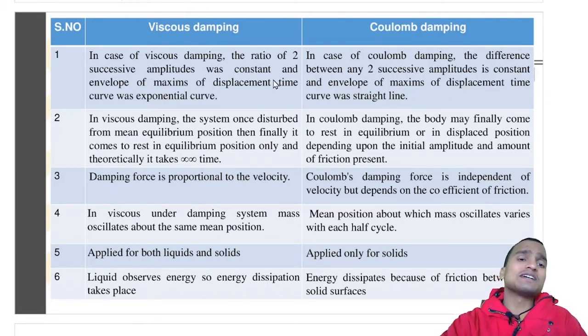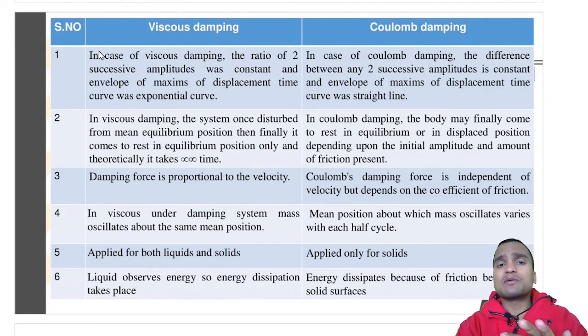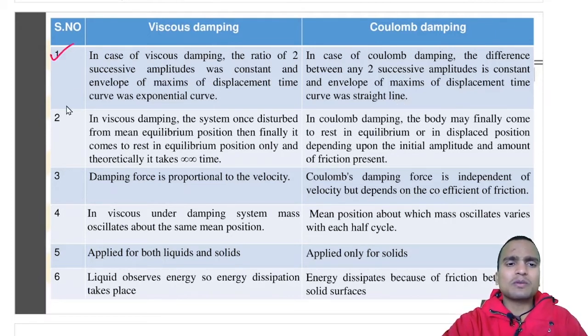This explanation may not be very clear to you, but when we see the diagrams, the viscous damping diagram in the next video, it will be clear when we analyze those graphs. So you can leave this also, no problem.